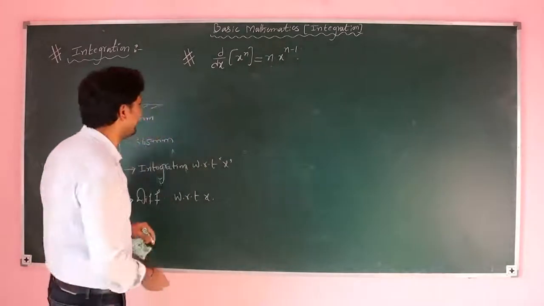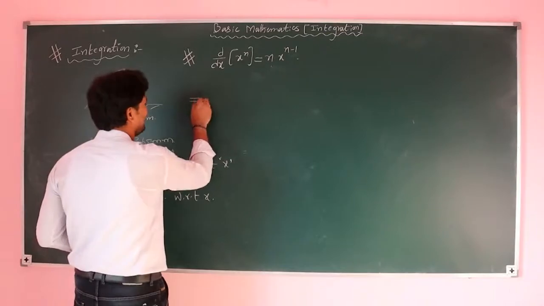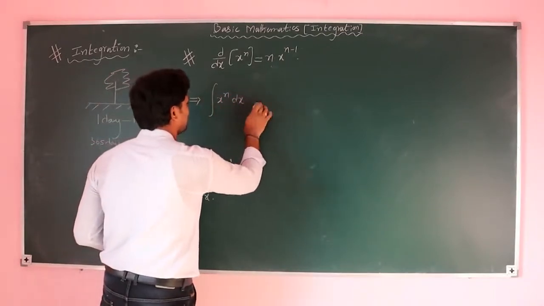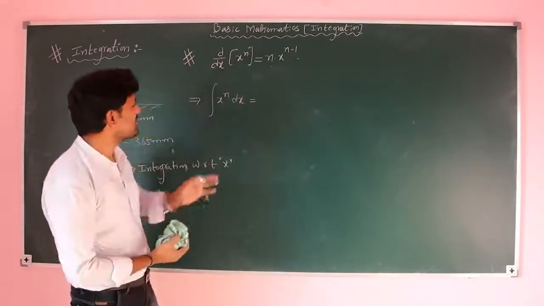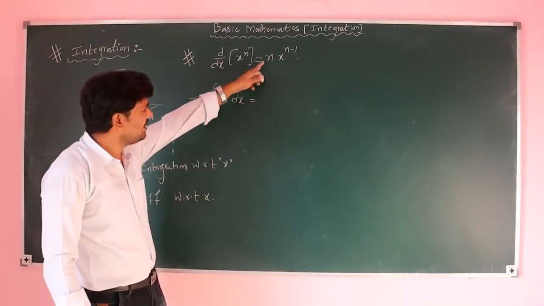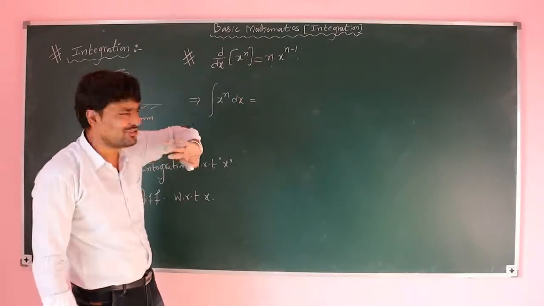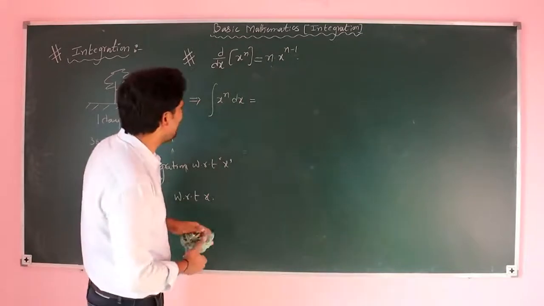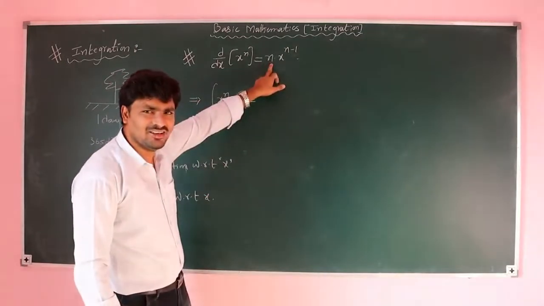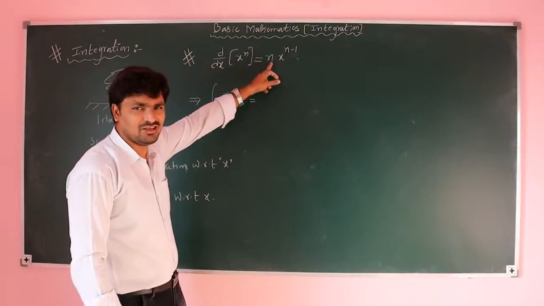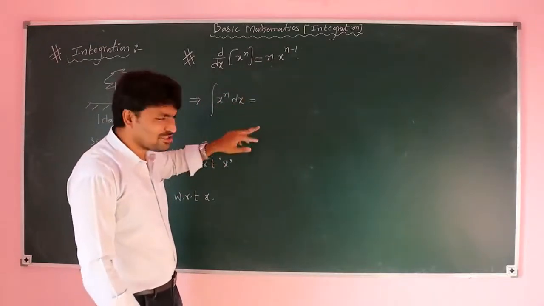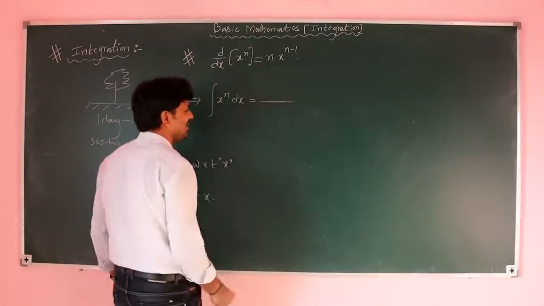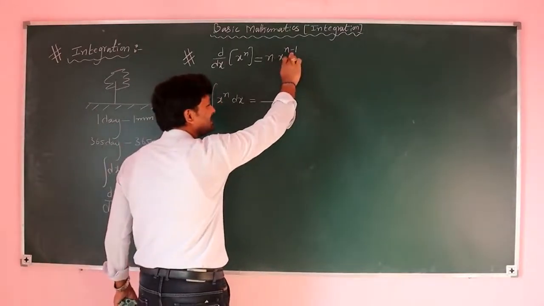Whereas for integration, we take the same integral of x power n dx. Here, differentiation of x power n gives n into x to the power of n minus 1, where the power is taken as a multiplier. But for integration, which is the opposite, we have to take division. Since the power is decreased by 1 in differentiation, here it is increased by 1.